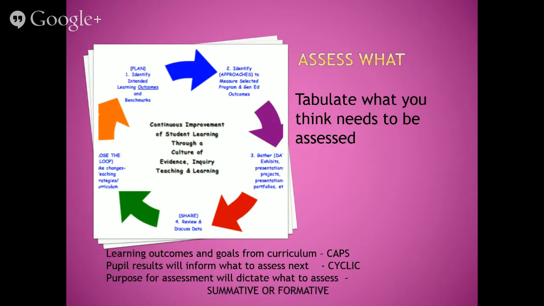Among those purposes is for summative reporting purposes, to see at the end of a larger chunk of learning where the child is. And we assess for purposes of formative assessment. This is ongoing, smaller pieces of information that is assessed to build information upon and to scaffold learning.